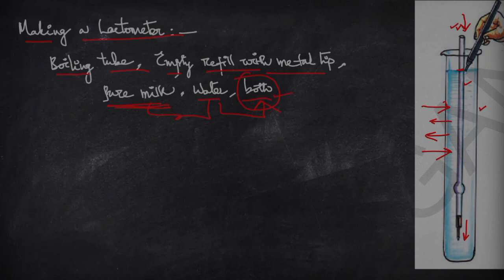You observe that the mark in the third case is in between the marks in these two cases, that is pure milk and water. By this we can verify the purity of milk, and we can prepare a hydrometer which is used to find out the density of any liquid.